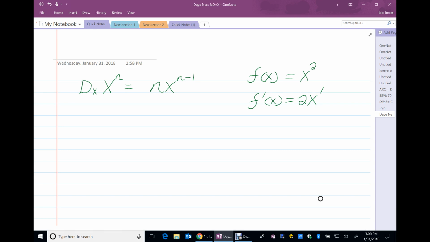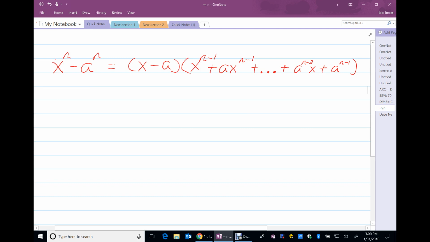Now, before I do this proof, though, I need to bring in a little tool here. I'm going to need this property here, and this works as long as n is an integer. x to any integer minus a constant raised to any integer factors out like this.